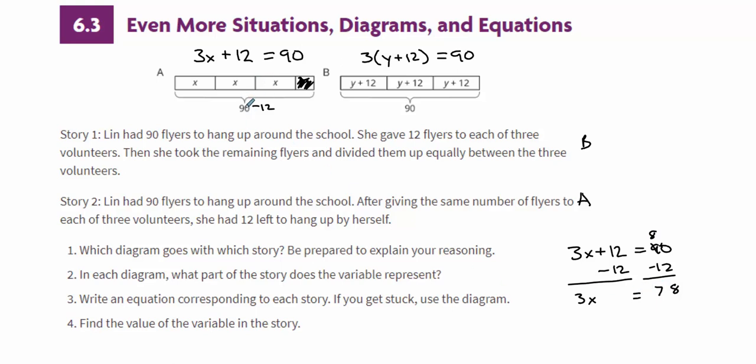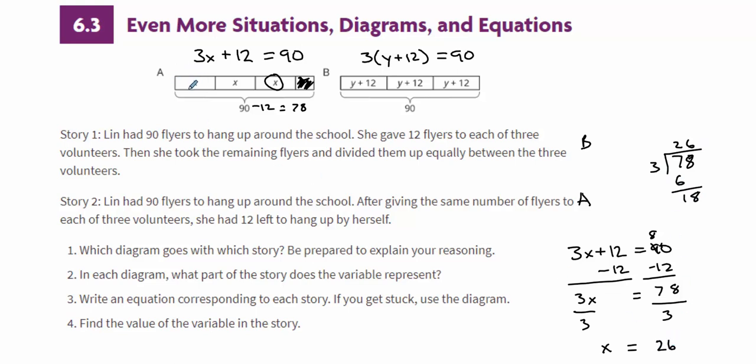So those 3 x's are 78. And since they're in equal parts, and there's 3 of them, we're going to divide the 78 by 3, which will give us what 1x is. 78 divided by 3 is 26.